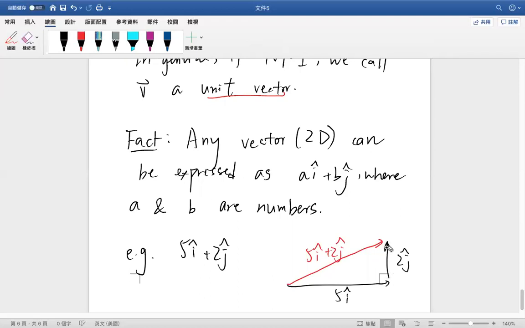And if you have a vector, then you can adjust a and b such that when you add these two vectors, you get your desired vector, right? Do you understand what I'm saying? So that's why this fact is true. Now this is not an appropriate proof here, but I just want to make sense of this. All right. Let's do one more example.